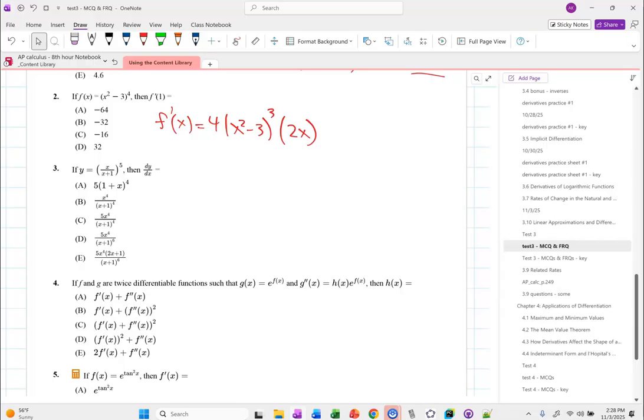Yeah, it's a quotient inside of a chain rule, but that's not how I would do it. What would I do? I'd use logarithmic differentiation to do this.